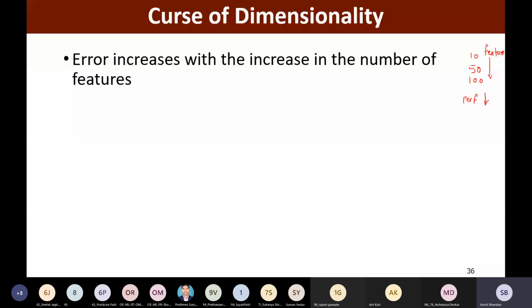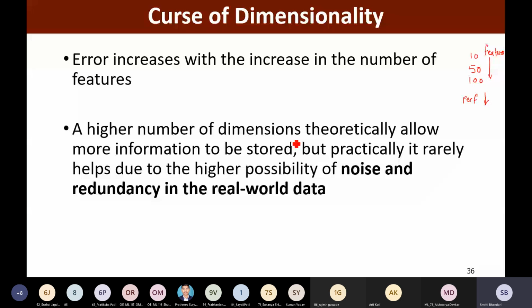A higher number of dimensions theoretically allows more information to be stored. But practically, it rarely helps due to the higher possibility of noise and redundant data available in real world scenarios.